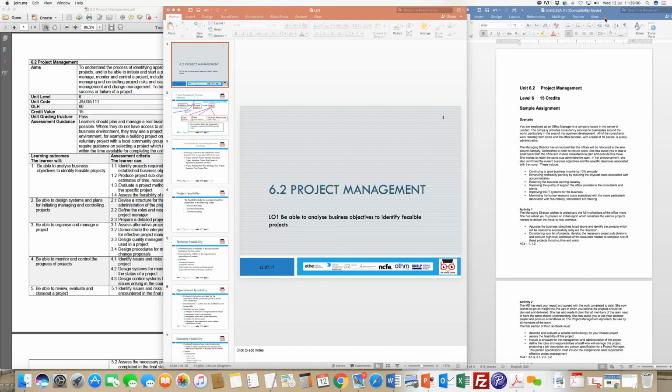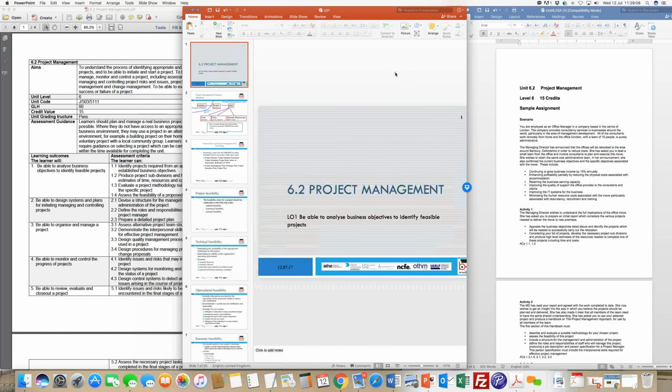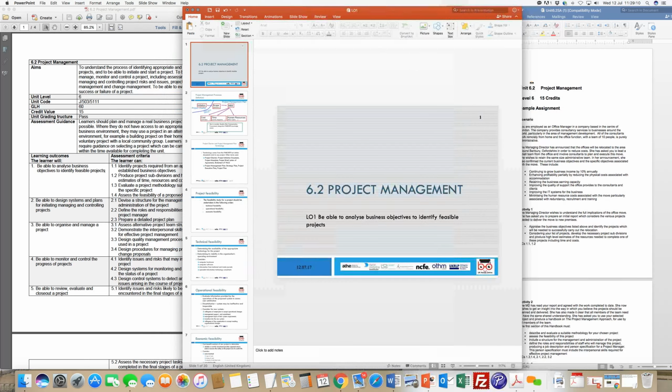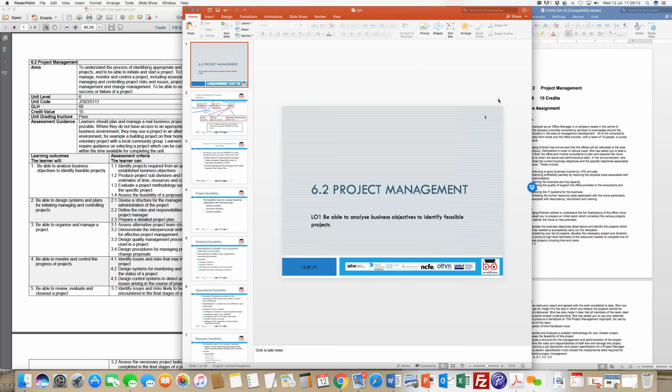Before we start this, I think it's important for us to look at the definition of the word project. When you look at the definition of the word project, it basically means a series of activities that we have to do in a coordinated fashion to be able to achieve a certain aim or objective which has been set.